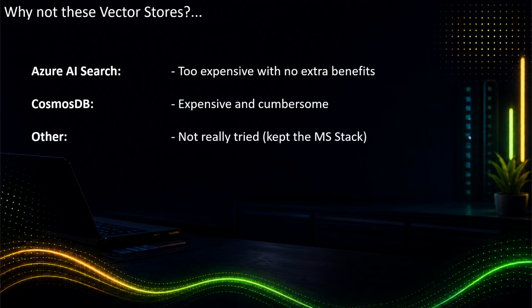There's PostgreSQL, there's Weaviate, there's Qdrant, and so on. I must admit, I haven't really tried them. I tend to, again, keep to the Microsoft stack. There might be better things some of them can do for similarity search, but my loss that I haven't been doing that.